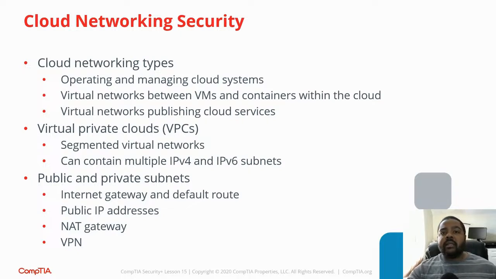And if we can do NAT gateways as well as putting VPNs out there, let's take advantage of those things because, like I said, the cloud is not necessarily such a new type of technology. It's more popularized nowadays, but it's the same concept of what we've been doing in physical locations.